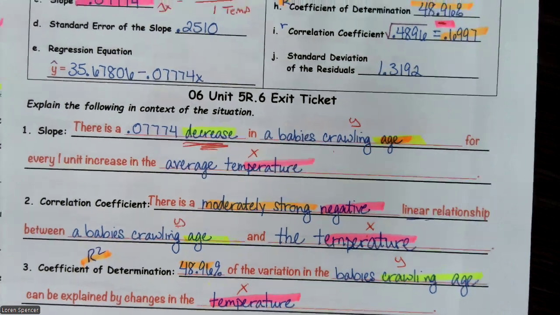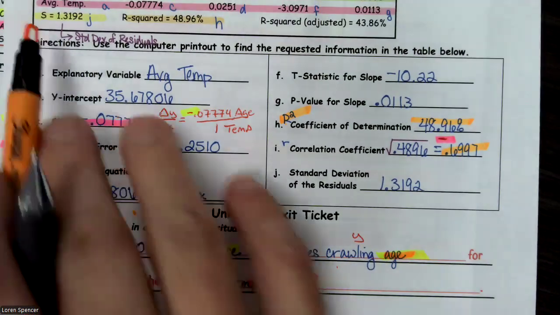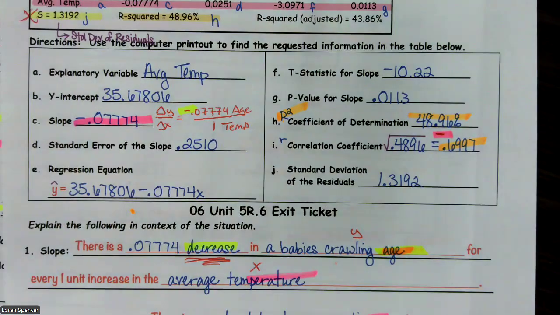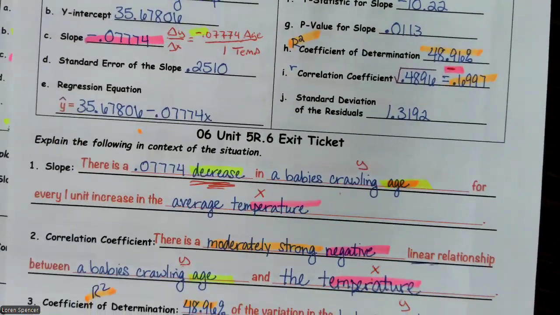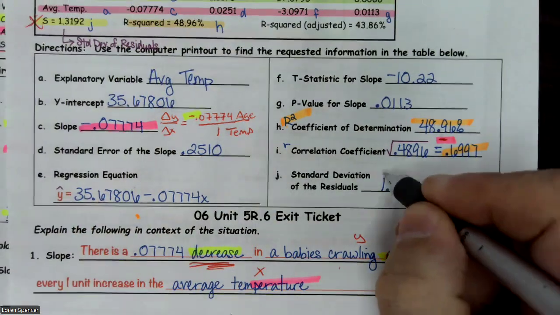Lastly, interpret S. Well, S was the standard deviation of the residuals right here. That was our big S. The standard deviation of the residuals is 1.3192, and that's what we also marked right here.